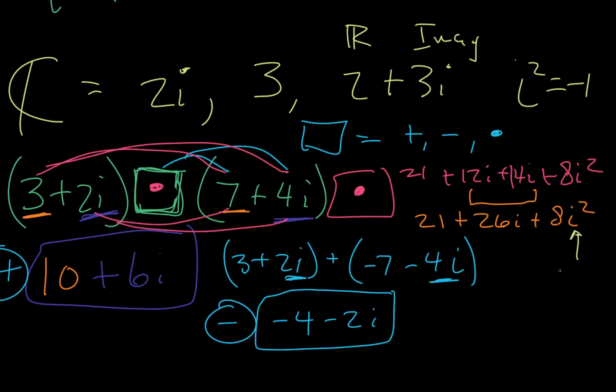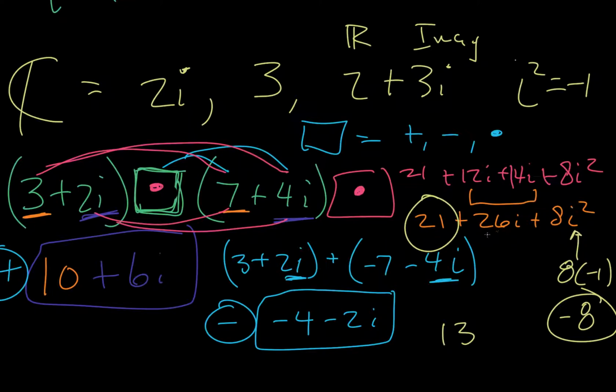So this now becomes this piece, 8 times negative 1, which would be negative 8. So this negative 8 can combine with this 21 because they're both constants. So if we take away 8 from this, we get 13, and then we still have the 26i. And so that's the multiplication answer. And that problem's done.